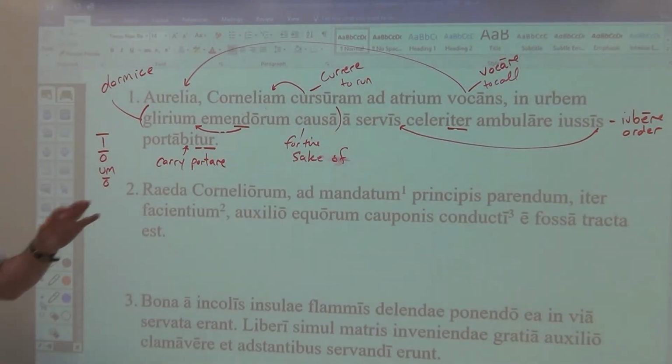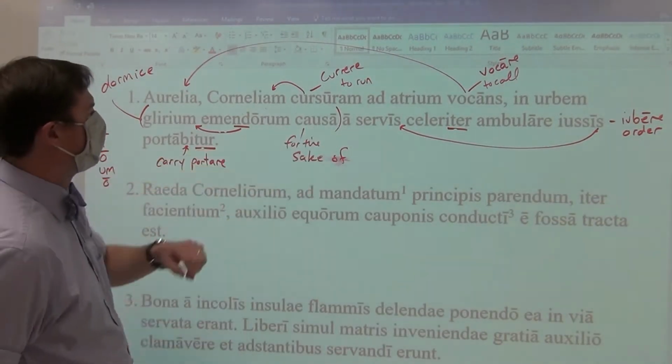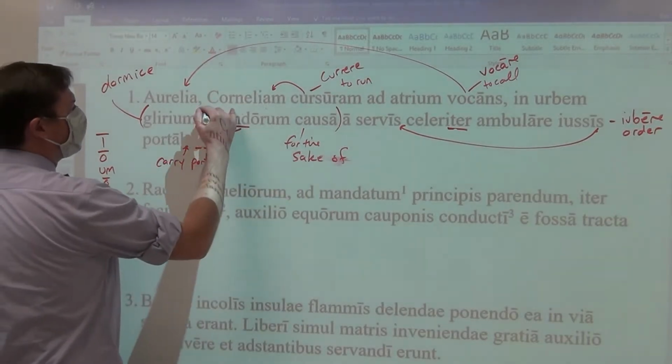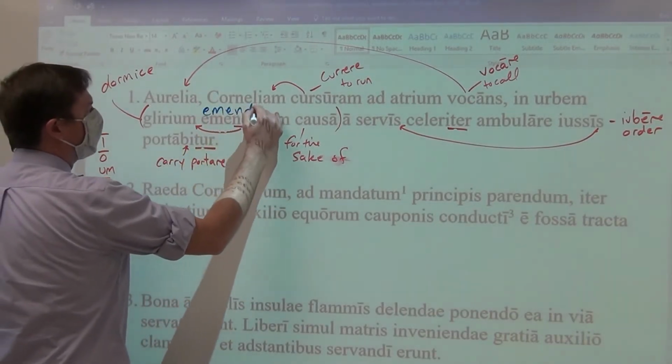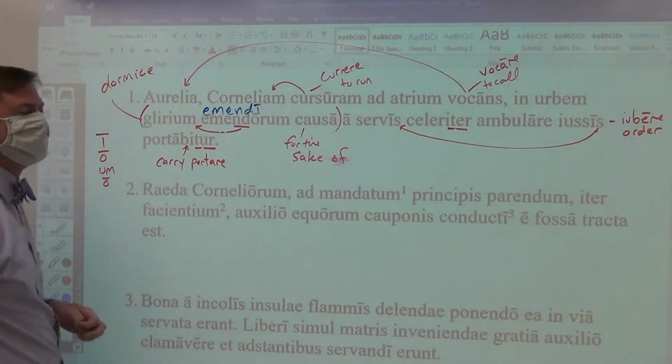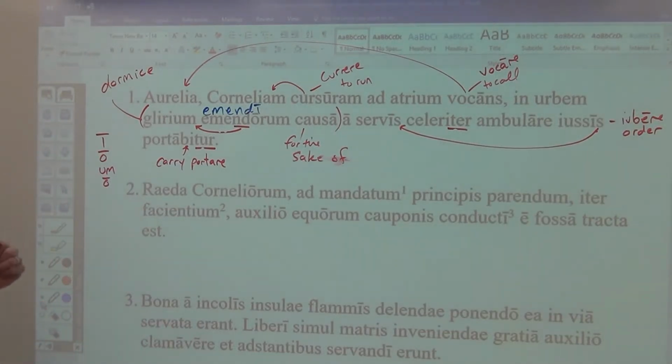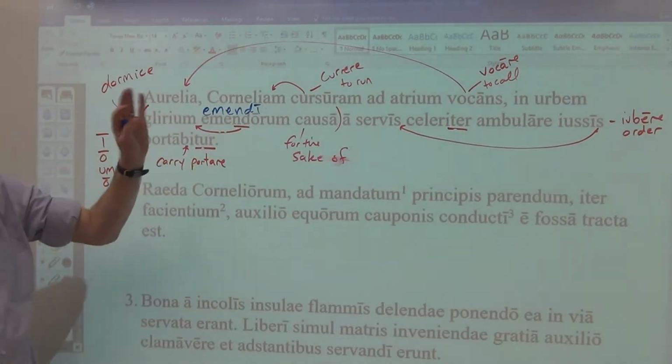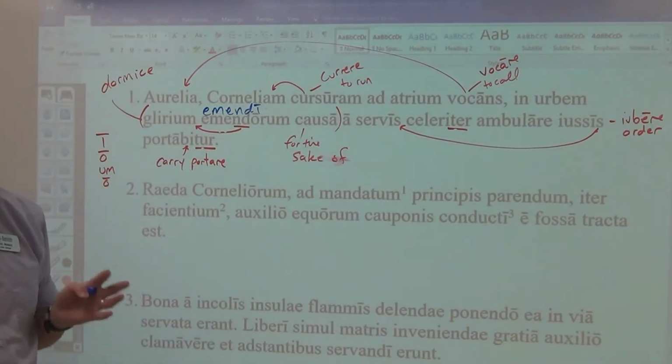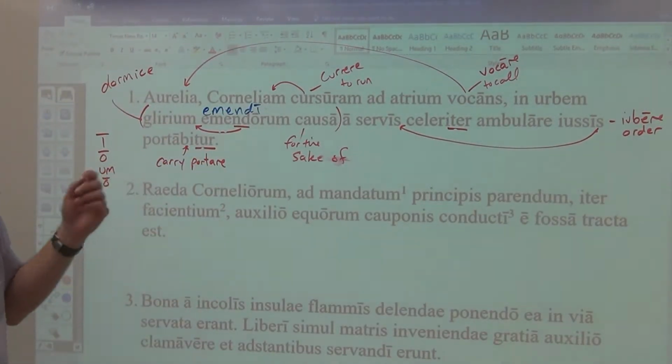As the gerund, it will be the object of causa. And so we will put the genitive, because causa requires a genitive object, and now we understand that a gerund does not modify, but rather has a direct object of buying what? Dormice.